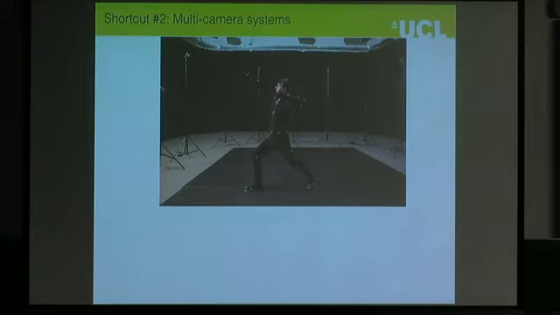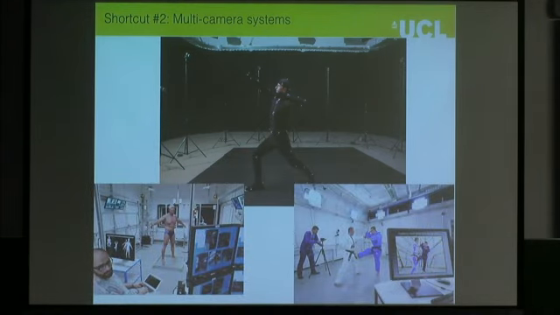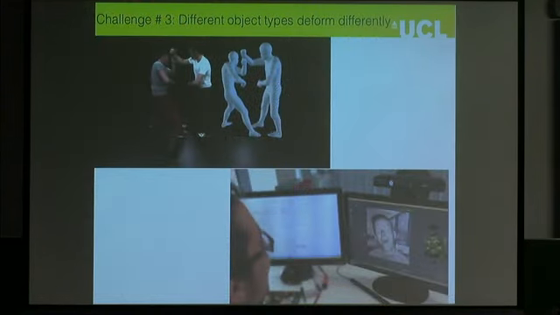If we have multiple synchronized cameras looking at the same non-rigid object, we can then triangulate and reconstruct every single frame. And now we've got these very complex studios where we have combinations of RGBD, so depth cameras, combined with RGB cameras. But typically we'll have very complex and difficult to maintain studios.